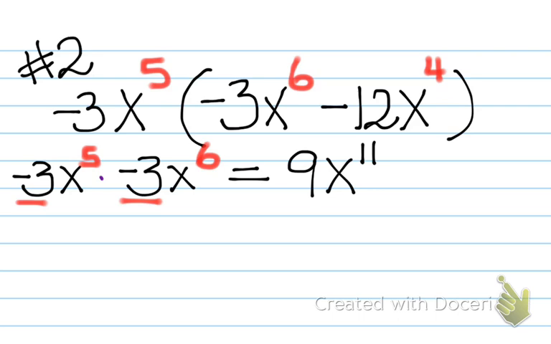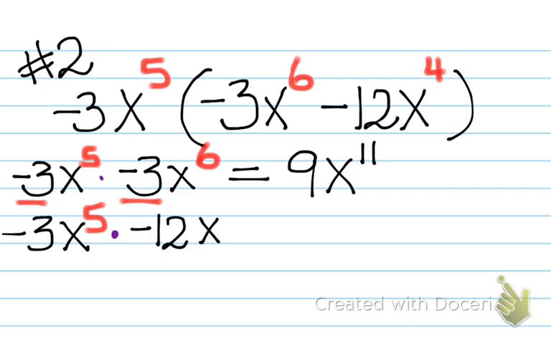Okay, we have one more polynomial that we need to multiply by negative 3x to the fifth. So we have negative 3x to the fifth times our second coefficient, negative 12x to the fourth.